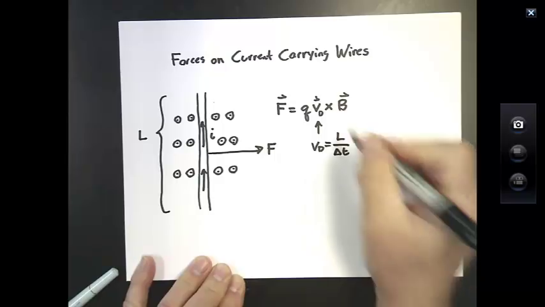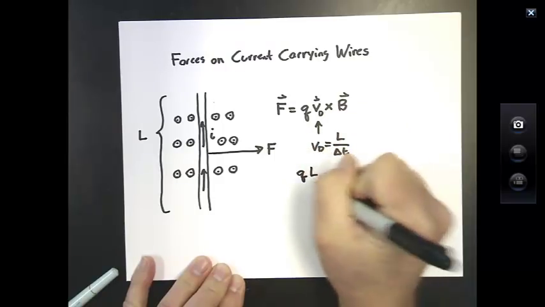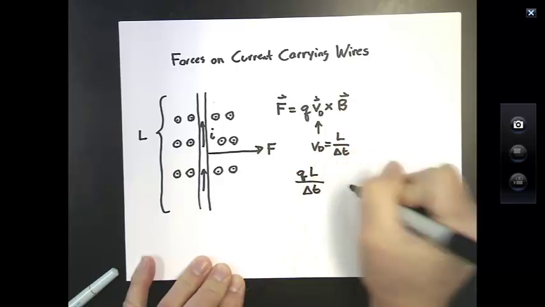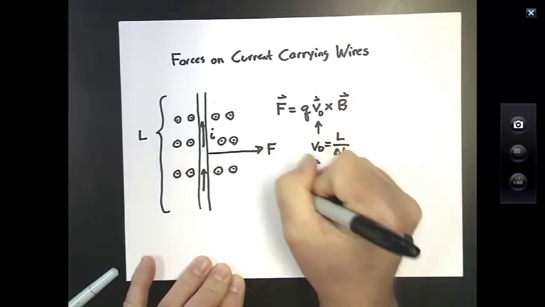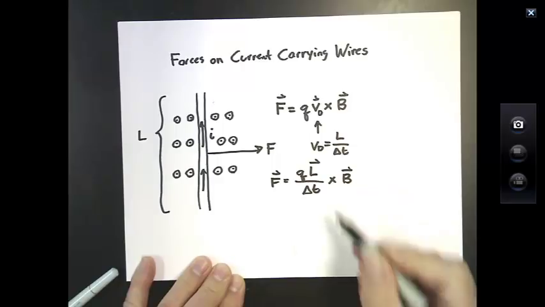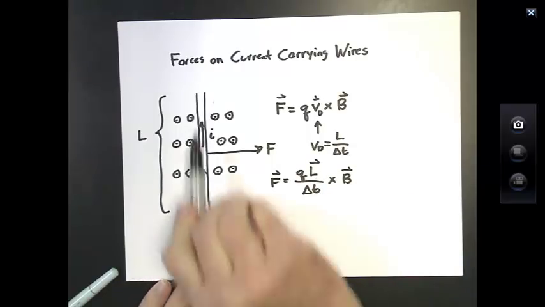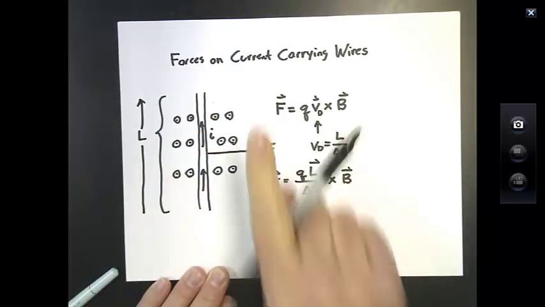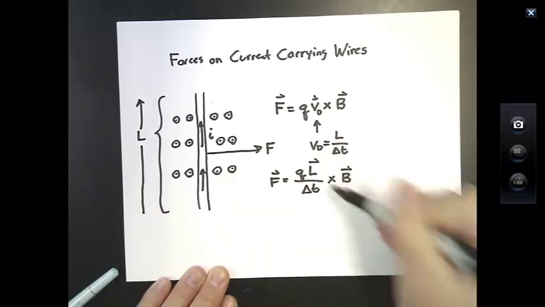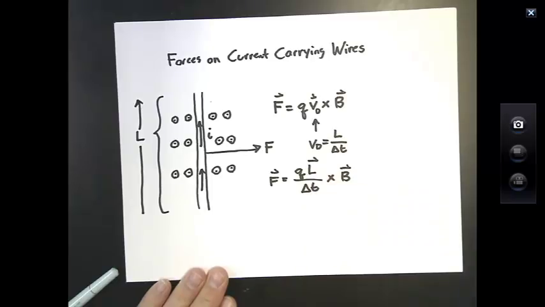If I slip that into the equation, I've got qL over delta t crossed with B. Now, in order to keep this quantity a vector, I have to make L a vector. So L is just a vector that points in the direction of the current. Otherwise, we can't have a cross product, because we can't have a cross product if one of the terms is not a vector.